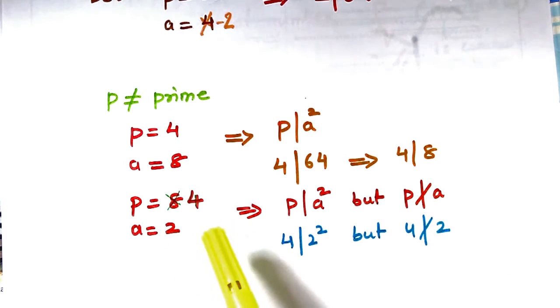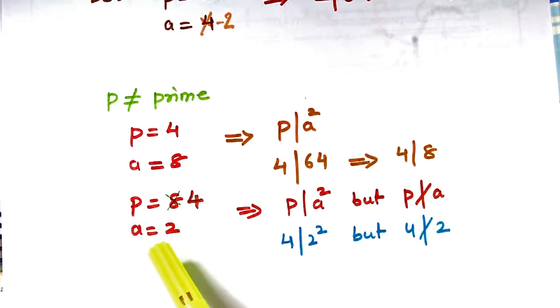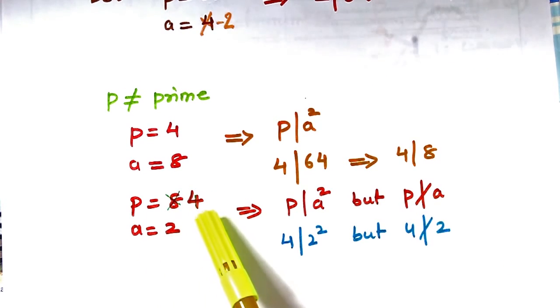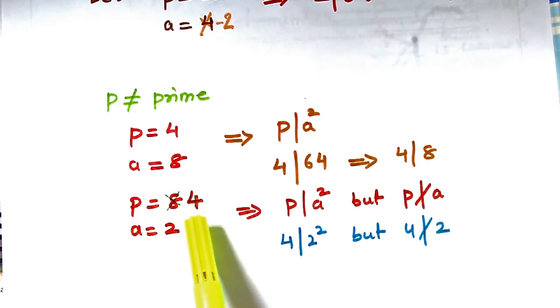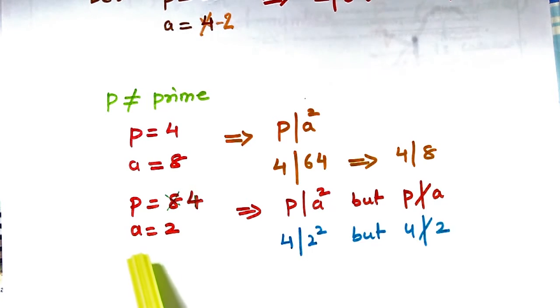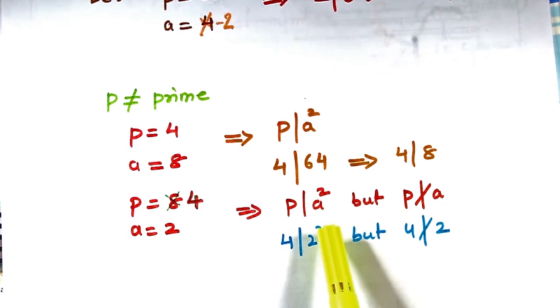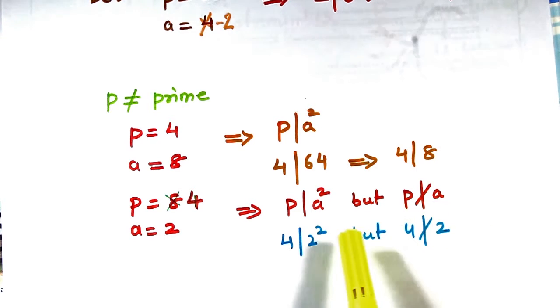But what if I change the numbers? That is, if I take p equal to 4 and a equal to 2. Now in this case, p is not prime, right? 4 is not a prime number. We have a equal to 2. p divides a square, but p does not divide a in this situation.